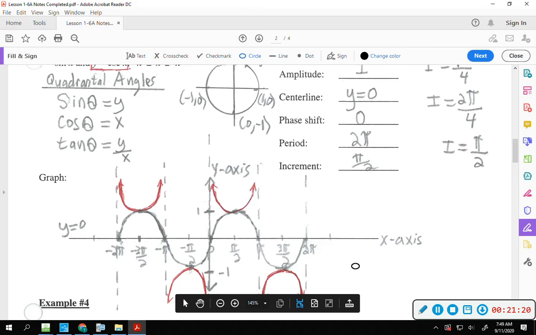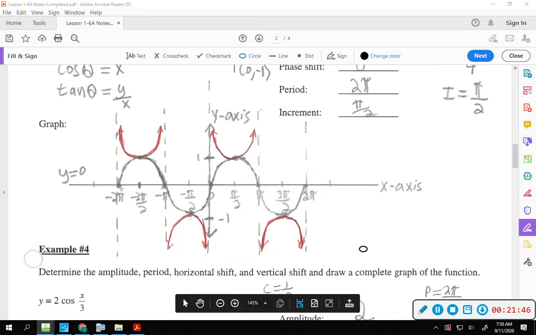Cosine starts off the center line. Sine starts on the center line. Cosine starts above if we have a positive amplitude coefficient, starts below if we have a negative amplitude coefficient. Sine starts upward if we have a positive amplitude coefficient, downward if we have a negative amplitude coefficient.